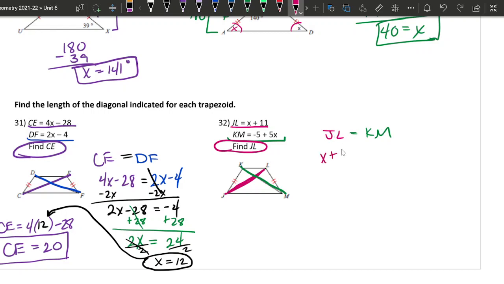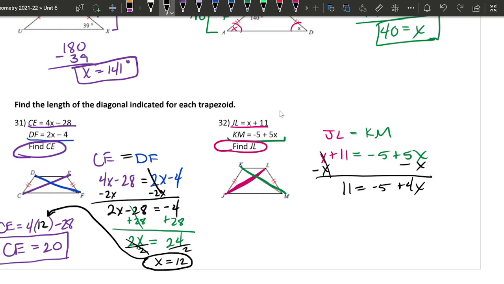So x plus 11 is equal to negative 5 plus 5x. I'm going to get the x's together, so subtract x. 11 equals negative 5 plus 4x. Add the 5. So 16 equals 4x.